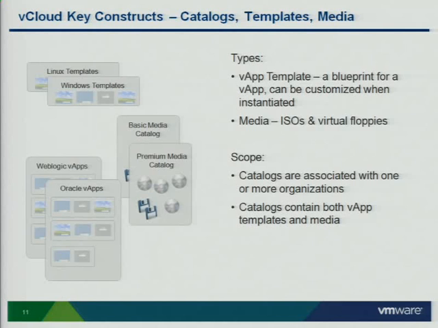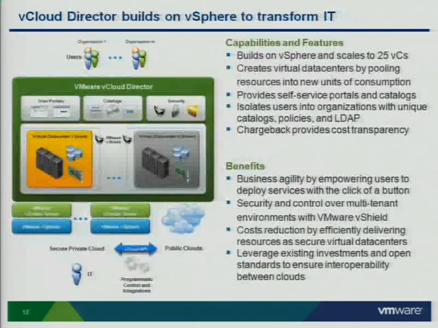Catalogs can be shared between different organizations, meaning that if you have a service cloud provider, the cloud provider can share a catalog to all of its customers in order to access a common solution. For example, a LAMP stack can be one such solution that can be distributed by the service provider.